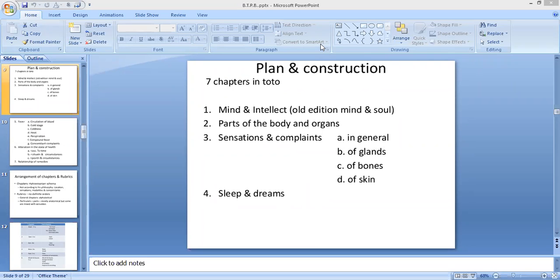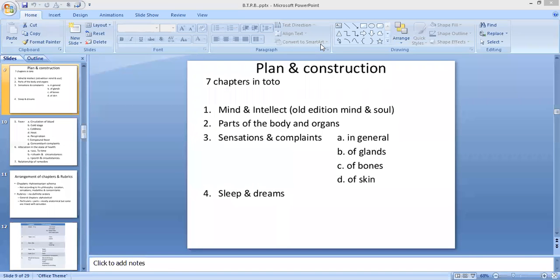These are the divisions of the different sections in this second part of the repertory, parts of body and organs. So in that part there are 32 subchapters, and some of these subchapters have subdivisions, which we discussed just now.